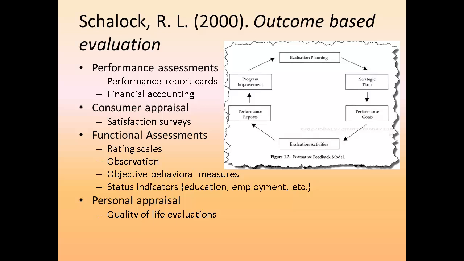Sherlock shows that outcomes-based evaluations are a cyclical process. He provides many different examples of research methods that could be used to measure the outcomes of a conflict resolution process, such as performance report cards, satisfaction surveys, and quality of resolution indicators.